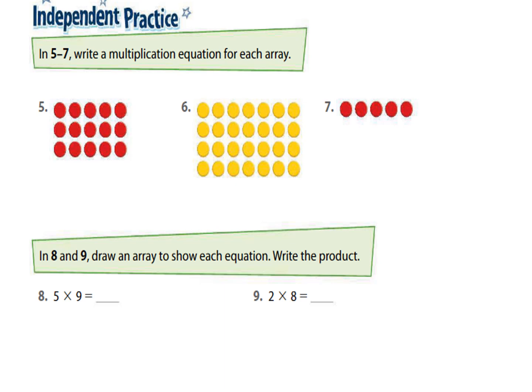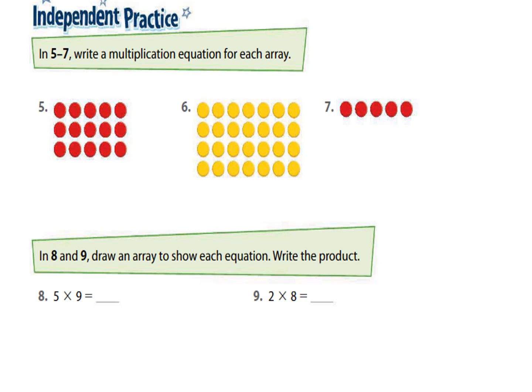Look at question number 5. We have an array and we need a multiplication equation. Count the number of rows and how many counters in each row, then multiply. How many rows do you see? Excellent, there are 3. Now in each row, how many counters?